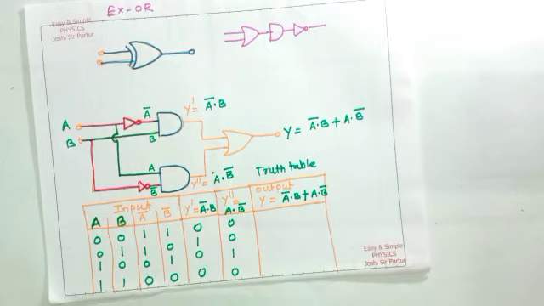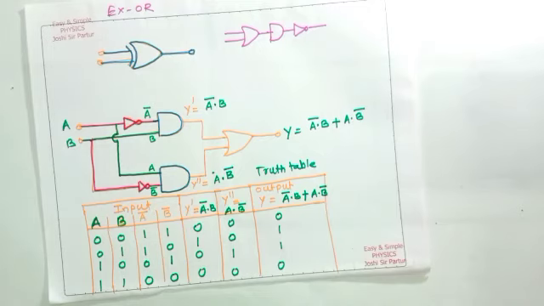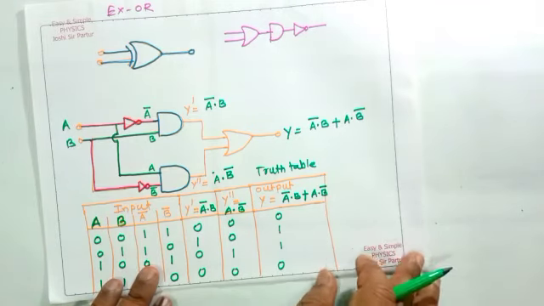Here output will be low, high, high, low. So XOR gate represents that when both inputs are low or both are high, then output will be low. But if any one input is low or high, the output is high. This shows the truth table for the XOR gate.